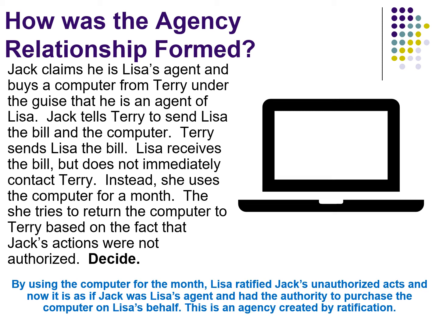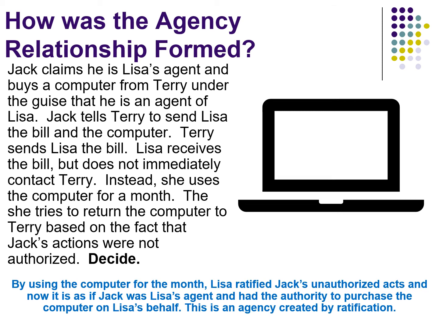So I hope you see by this example, an agency can be formed by ratification if the intermediary, the person who claims to be your agent, goes out and enters a contract purportedly on your behalf. They're acting as if you, the principal, have given them the authority.